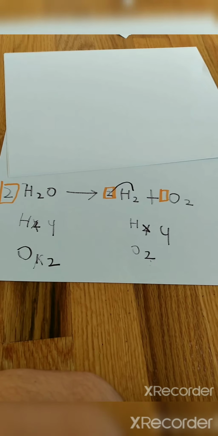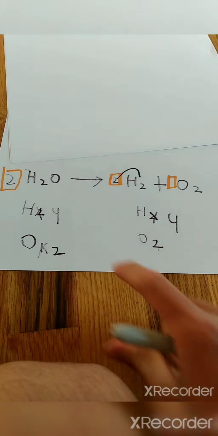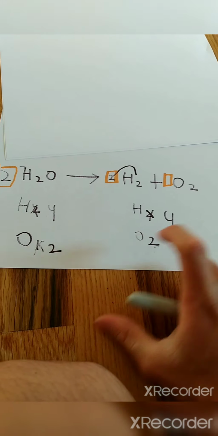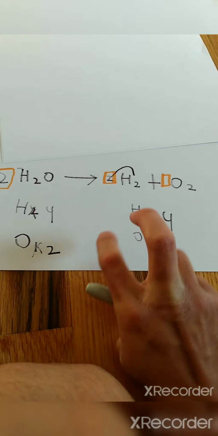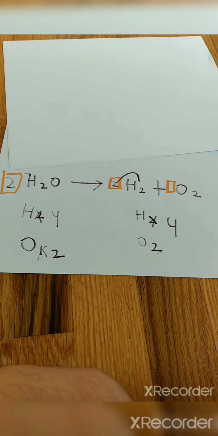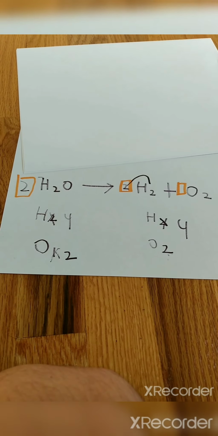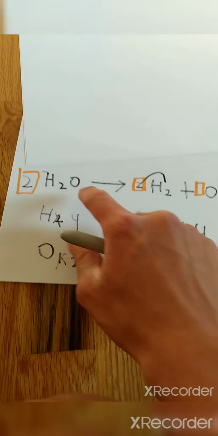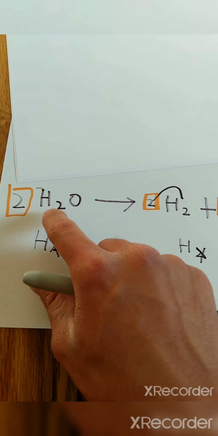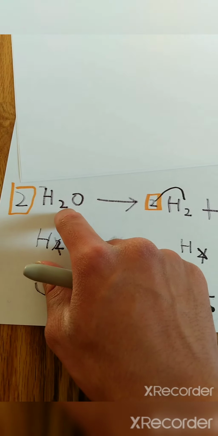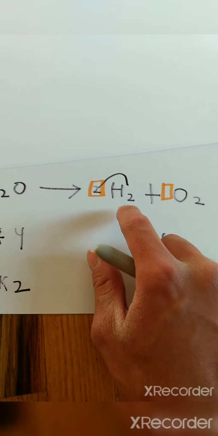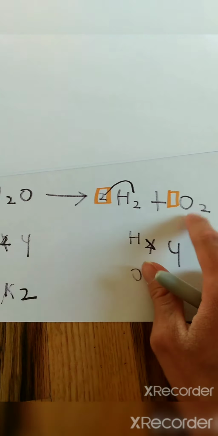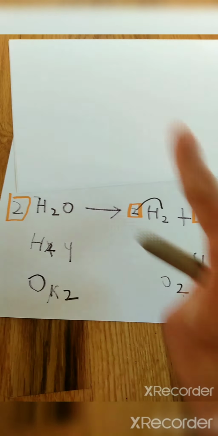Now this formula is balanced. Hydrogen 4, hydrogen 4. Oxygen and oxygen now have the same number. This formula is balanced. We said earlier in the video that water is being torn apart to make hydrogen and oxygen, so they're torn apart.